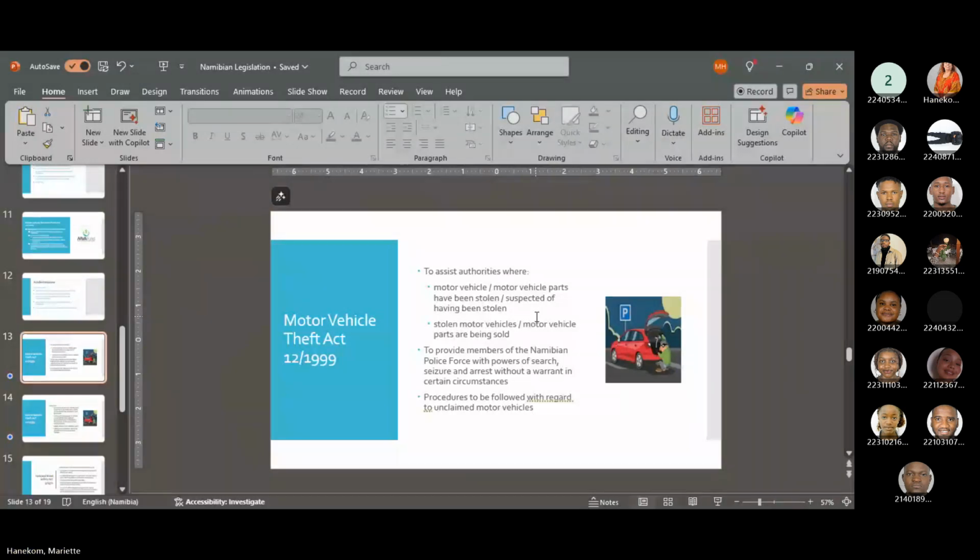So they won't use the Motor Vehicle Theft Act to convict you of stealing a car, but they can use it to possibly convict you of dealing in stolen vehicles or stolen vehicle parts. So even if they can't prove that you actually stole the car, it could have been somebody else, you won't walk away. You will be convicted of additional crimes.